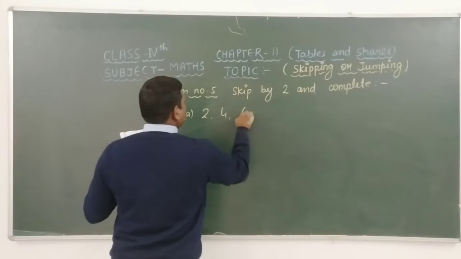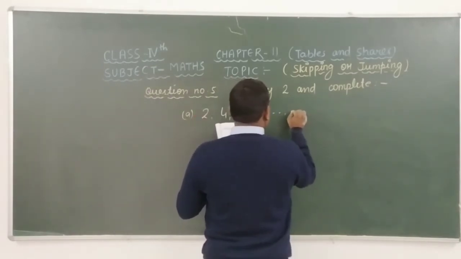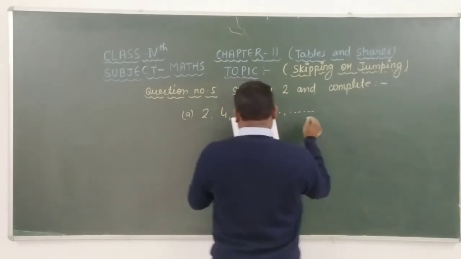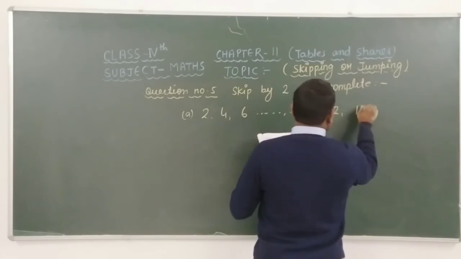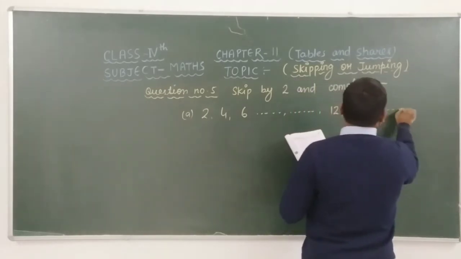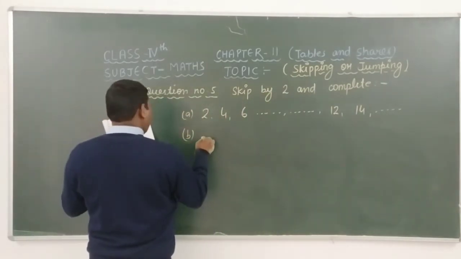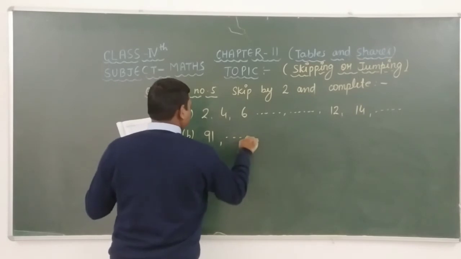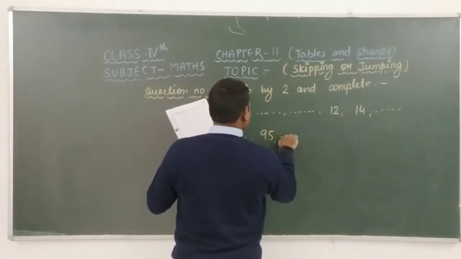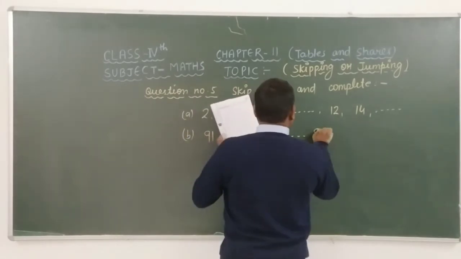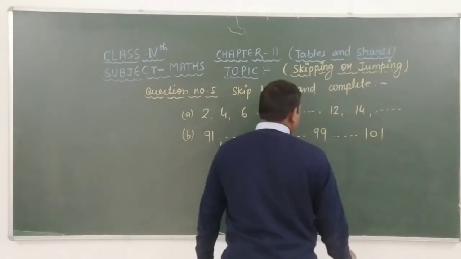2, 4, 6, dash, dash, dash, 14, 12, 14 and dash. And question number B is 91, dash, 95, dash, 99, dash, 101.